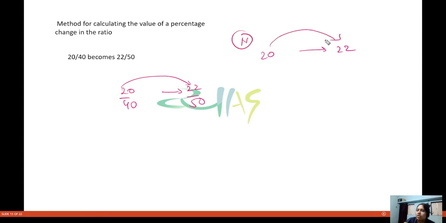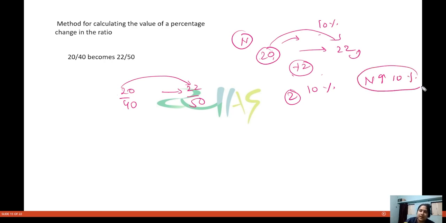So what you have to do here, you will take 100 and increase it by 10%. First we will do it for the numerator. So this will become 110. And then decrease this by 25%. So this will become how much?